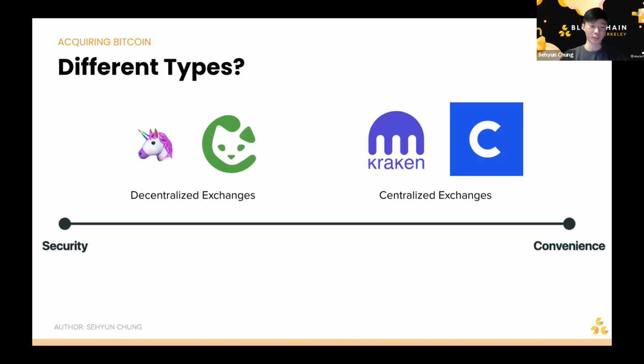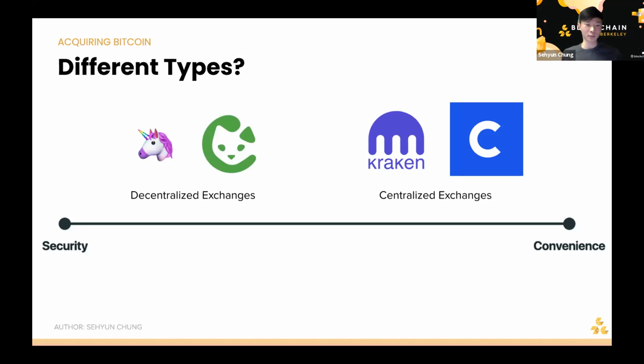You're trusting a third party. That's generally a no-no. With decentralized exchanges, it's you interacting with another Bitcoin user. There's very little middleman, or as little as these implementations can get to. It's pretty secure because of that, but it may be a little more of a pain in the neck to set up, to actually use, to actually send and receive Bitcoin.